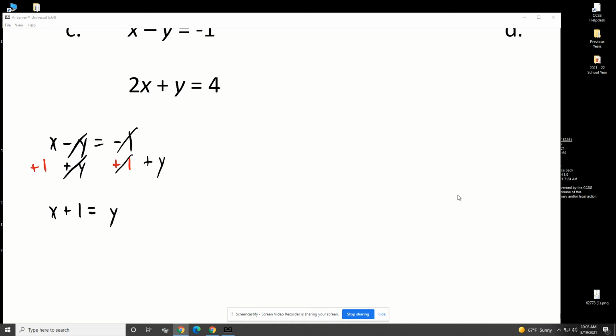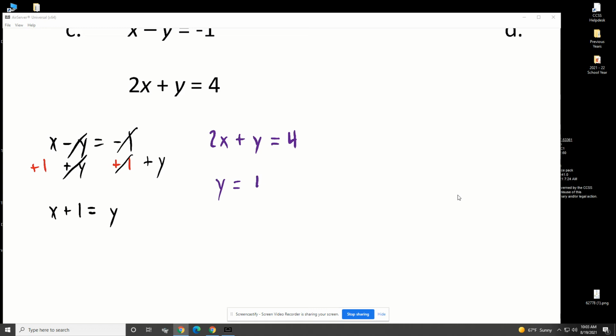So there's that one. All right, next, let's look at the 2x plus y equals 4. And this one I wouldn't say has as many options, because isn't y already positive? So let's just move the 2x. How? Subtract it, right?